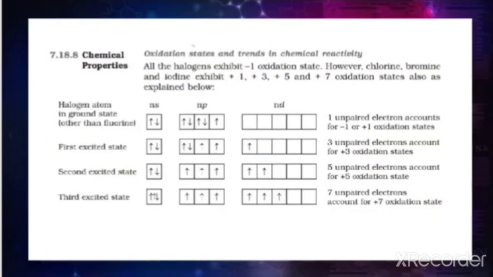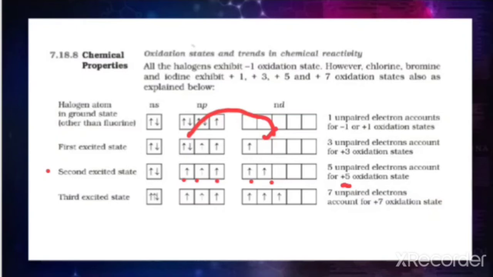Again, one of the electrons from p gets excited to the vacant d orbital. Now you can check in the second excited state how many unpaired electrons are there? 1, 2, 3, 4, 5. Now there are 5 unpaired electrons. So it shows +5 oxidation state.